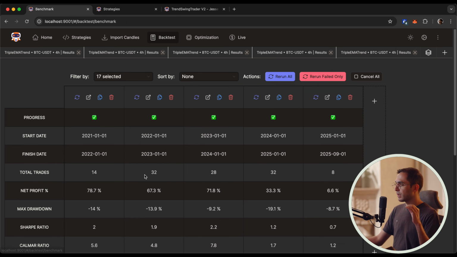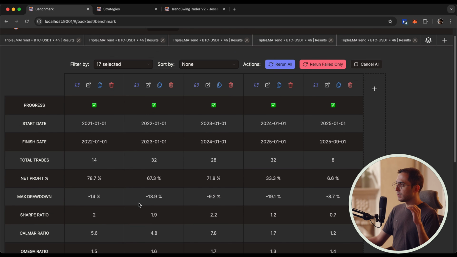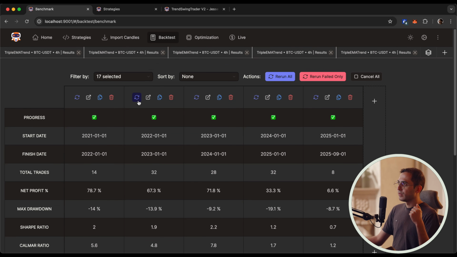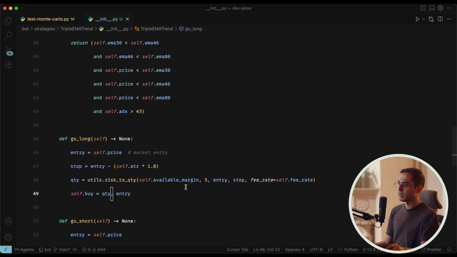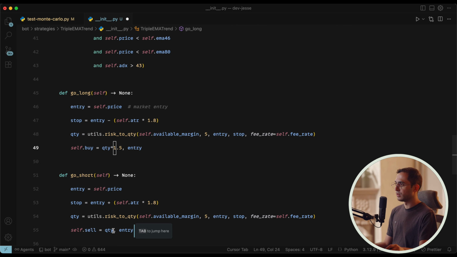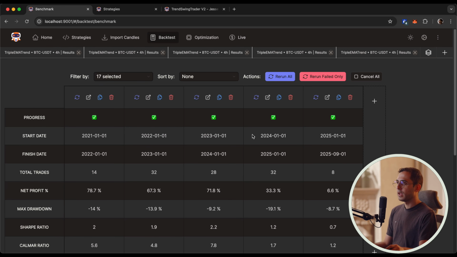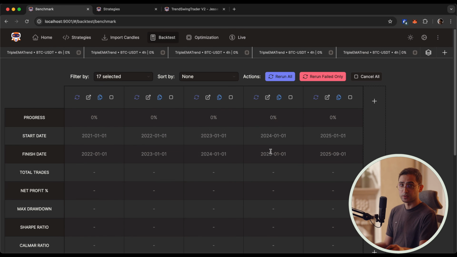But anyway, so let's go back to the benchmarking page, and we can see the start and ending dates to know which result this is. We can very quickly rerun one of the results if that's what you wanted to do. We can also rerun the entire backtest if that's what you needed. Let's say I change a certain part of the code, so let's multiply this by 1.5 for example, and also for the shorting part, and let's say I wanted to see how the results look now, right?